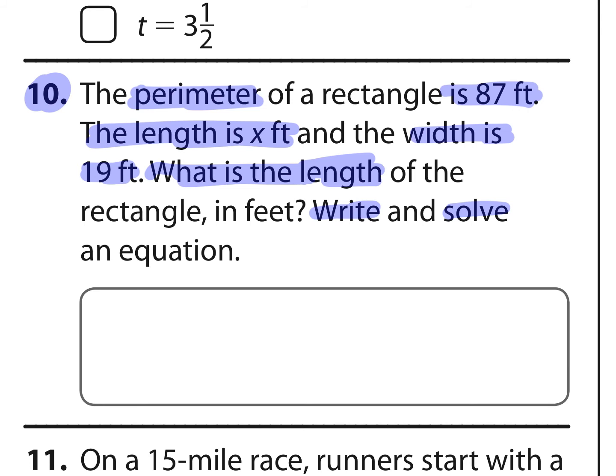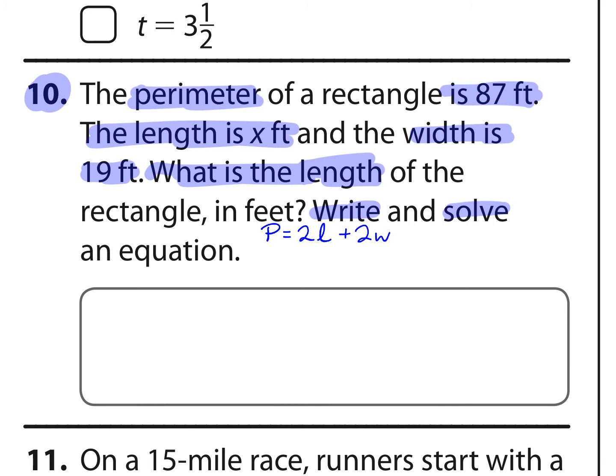We know that the perimeter is equal to adding all the sides of a polygon. For a rectangle, we have a common formula we use, and it says that perimeter is equal to twice the length plus twice the width. And that's just saying the length plus width, that's all 4 sides of a rectangle added together, is the perimeter.